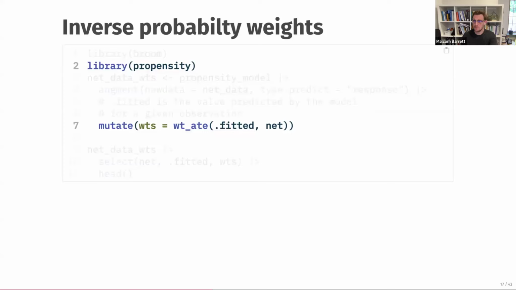There are many types of effects that we can estimate from the same data with the same propensity score models. In this particular question, I'm asking about the average treatment effect among this whole population. In causal inference, often the question that we're interested in is a counterfactual question.